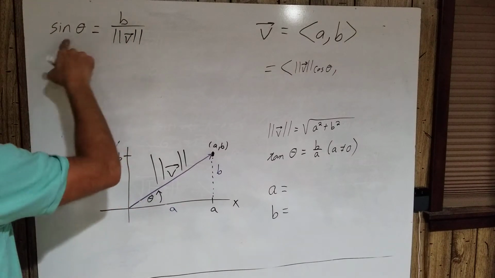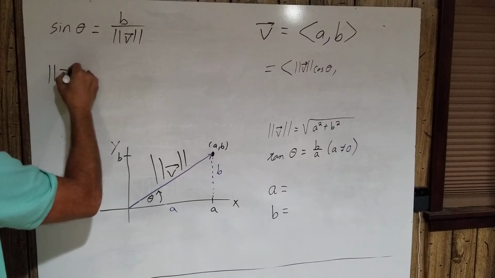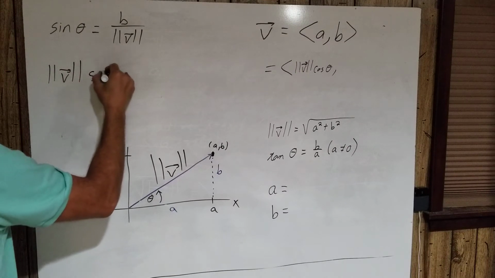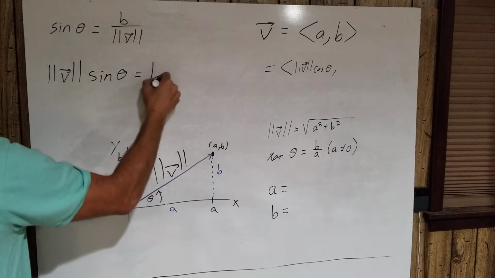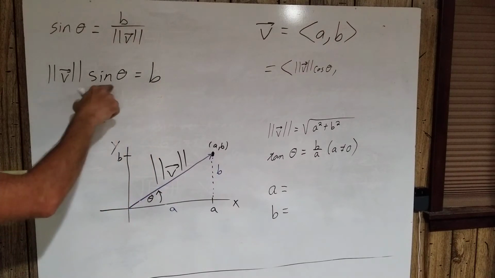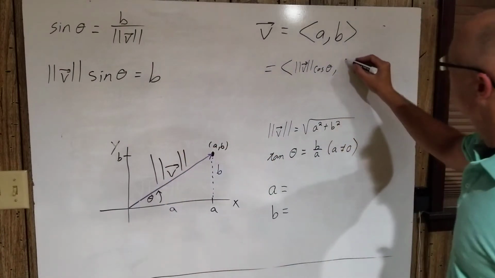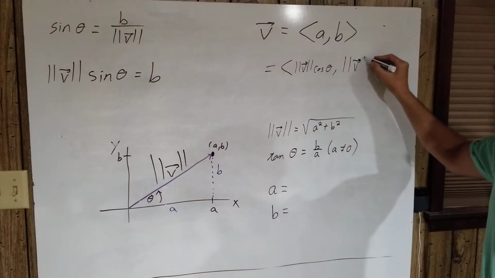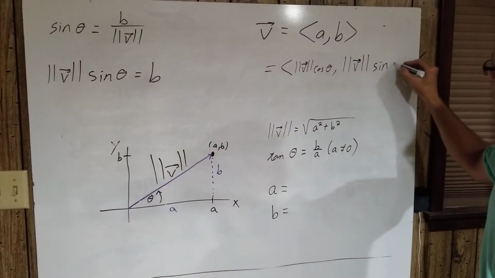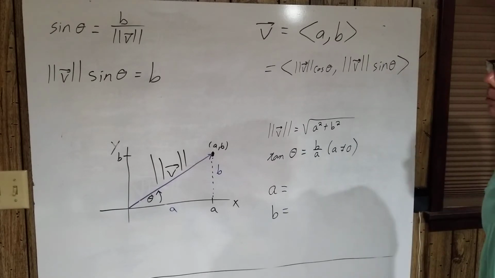If I multiply both sides by the magnitude of vector v, I get b is equal to the magnitude of v times the sine of theta. So b I can replace with the magnitude of vector v times the sine of theta.